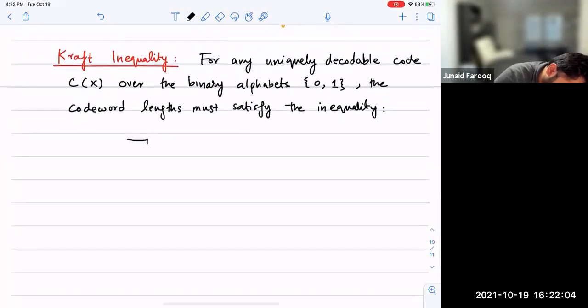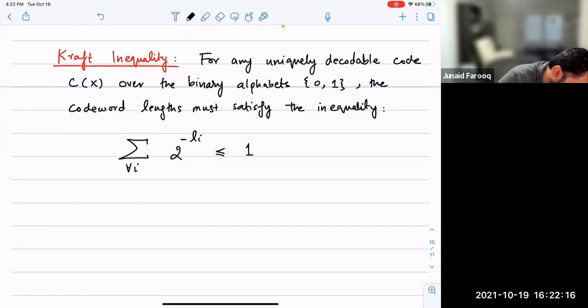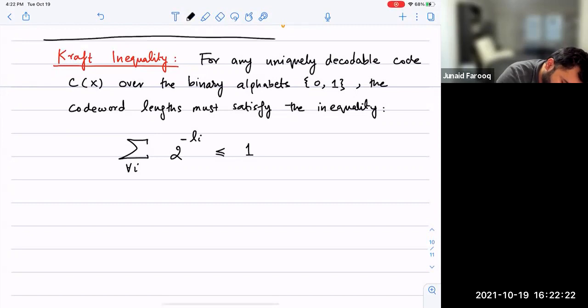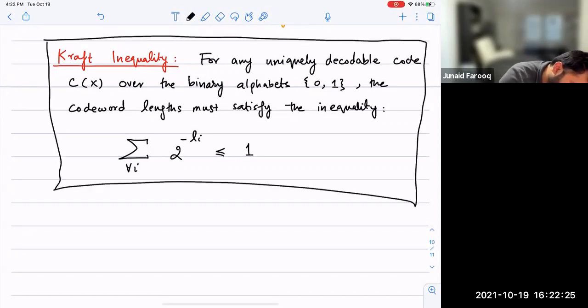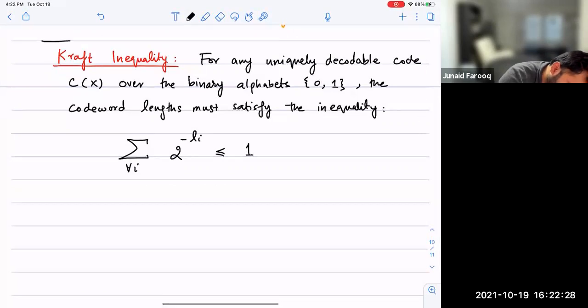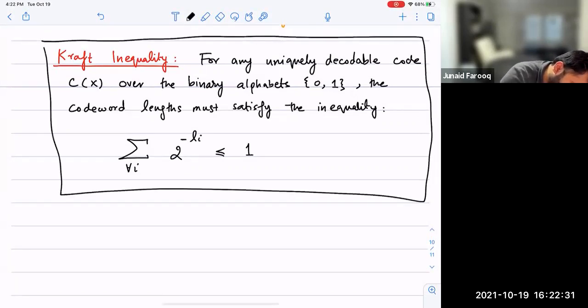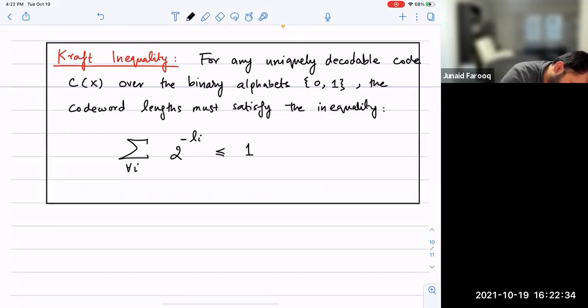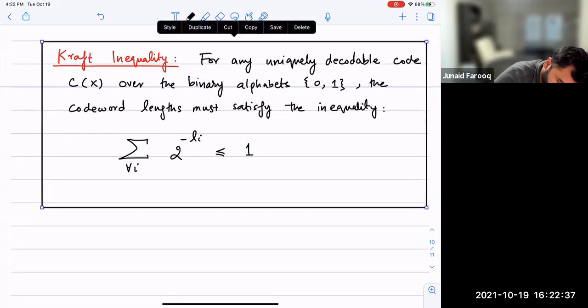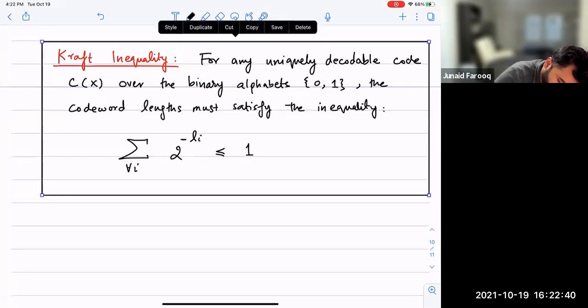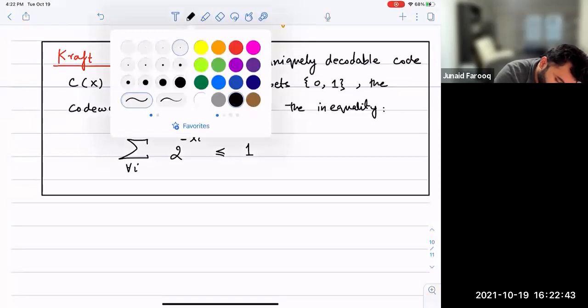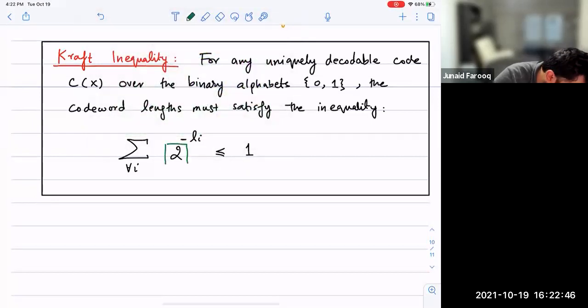The summation over all i of 2 to the power minus L_i should be less than or equal to 1. That's a very important result that you can use to see whether code lengths can actually form a uniquely decodable code or not. Now, this 2 here is basically because of the binary alphabet.